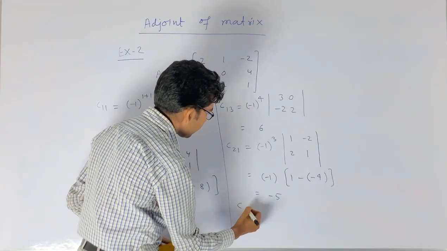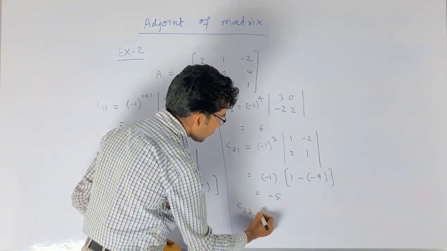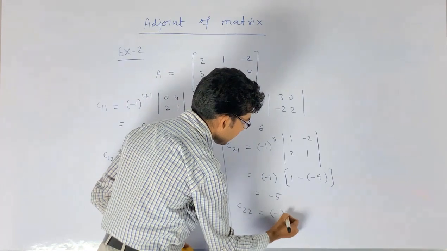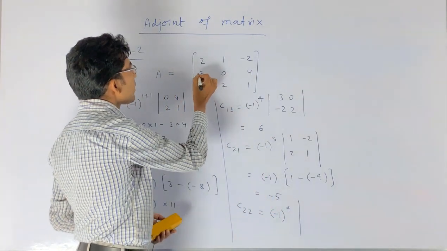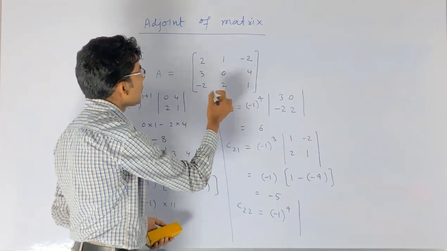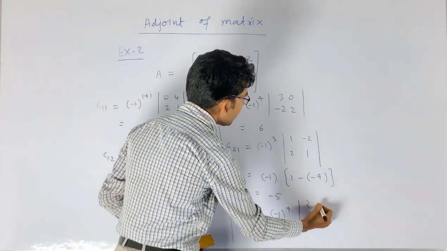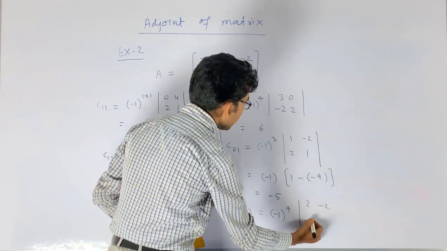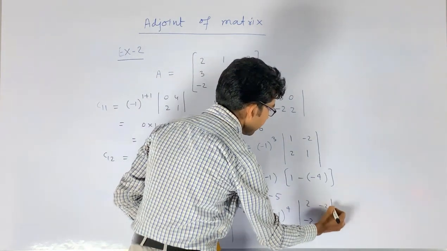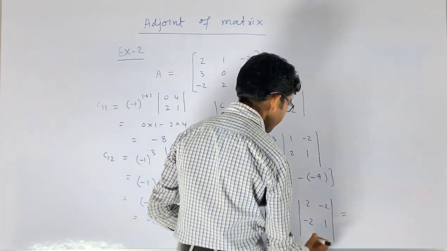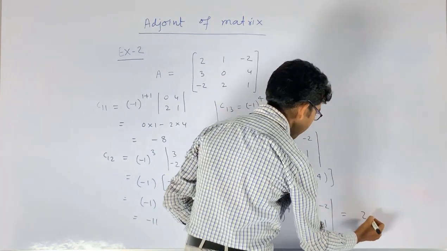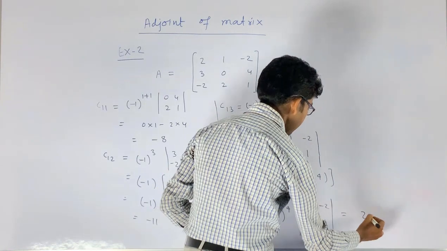C22, minus 1 to the power 4, and after deleting the second row and second column, we remain with 2, minus 2, minus 2, 1. So this is equal to 2 minus 4.